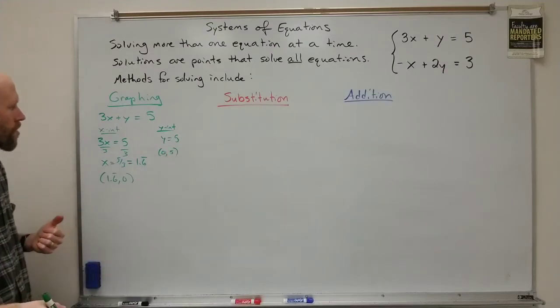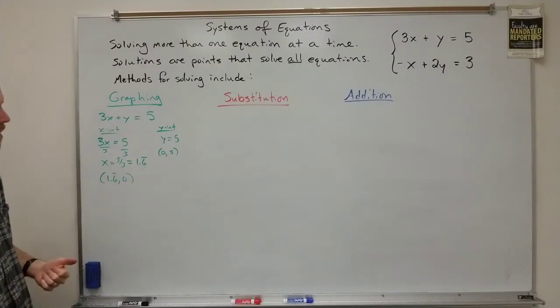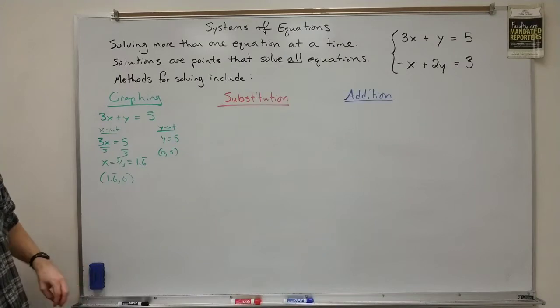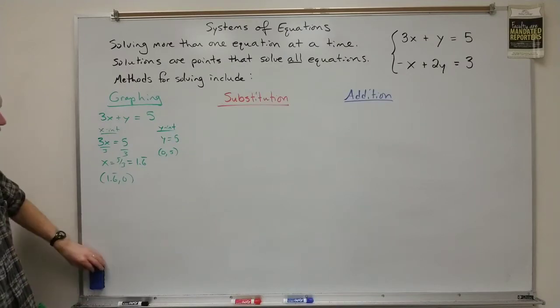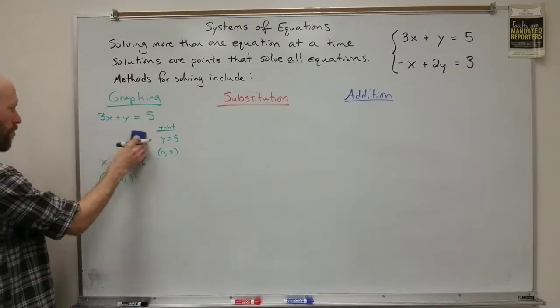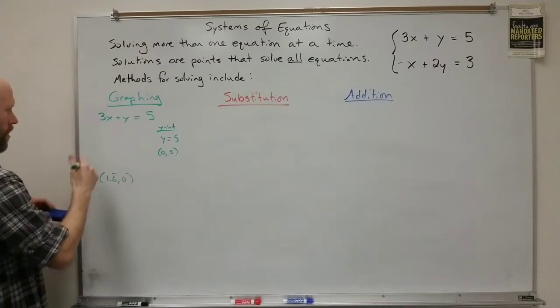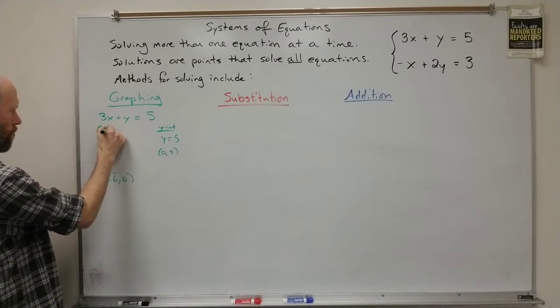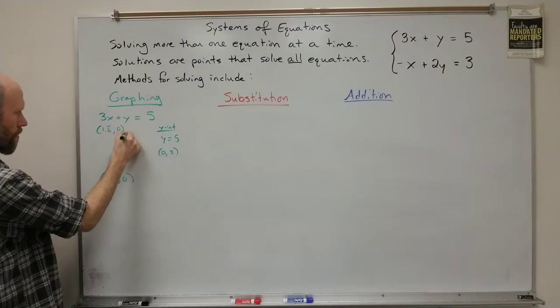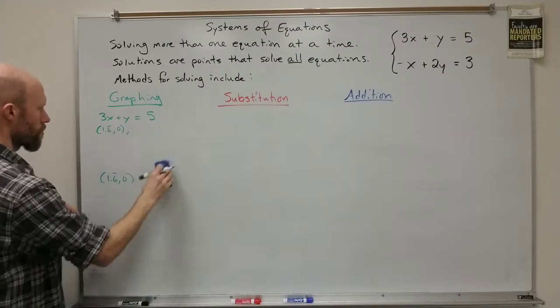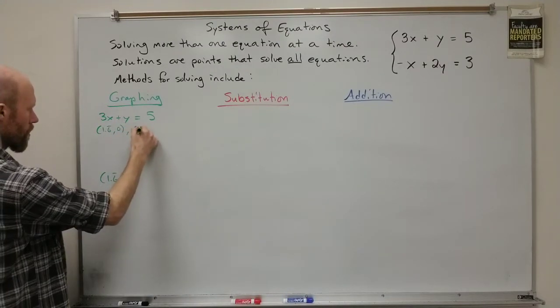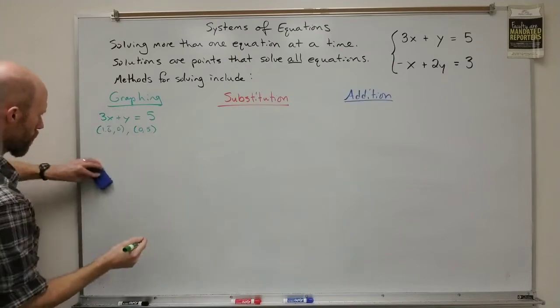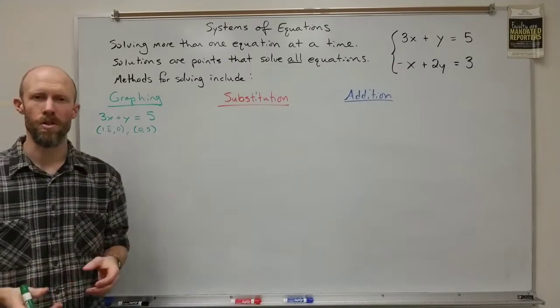All right, so these are my x and y-intercepts for the first equation, and I'm going to go ahead and erase my work on those and just keep those two points written up here: (1.6 repeated, 0) and (0, 5) as the other point. Okay, so that's the first line.